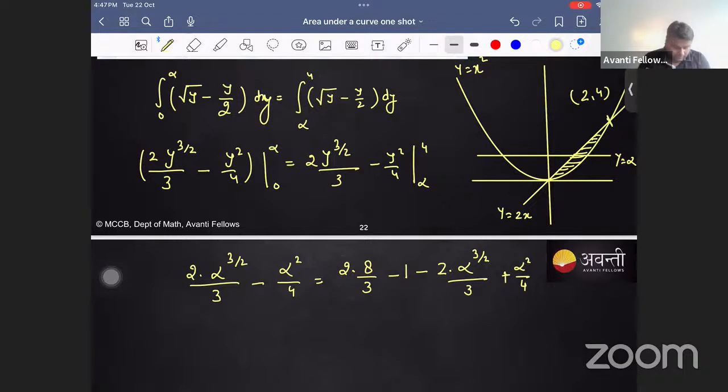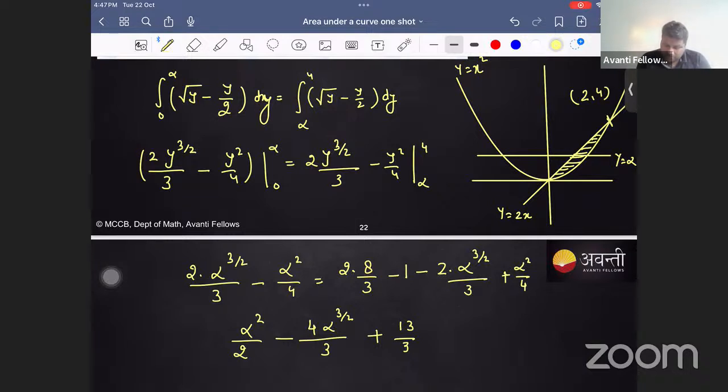So this will be alpha square upon 2 minus 4 times alpha raised to the power 3 by 2 upon 3 plus 16 by 3 minus 4.